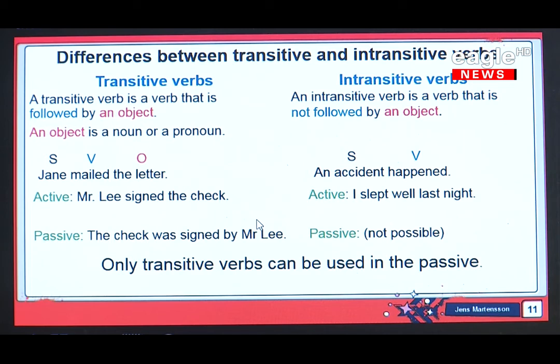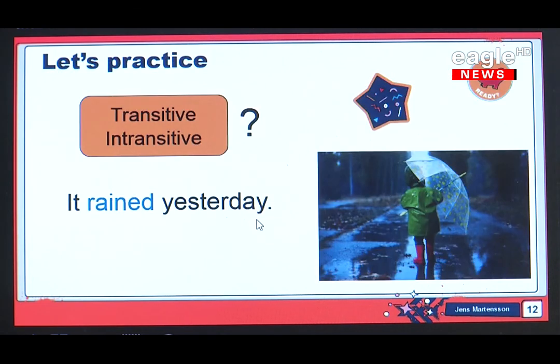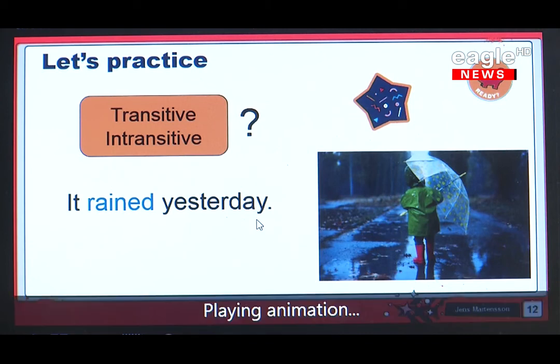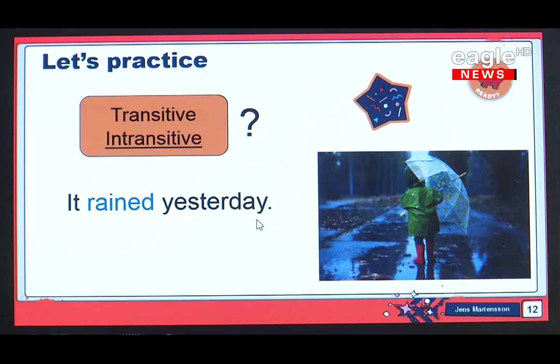Okay, do you understand how to use transitive verbs and intransitive verbs in sentences? Now let's practice. It rained yesterday. Is it transitive or intransitive? It's intransitive. So we can't change into passive form.